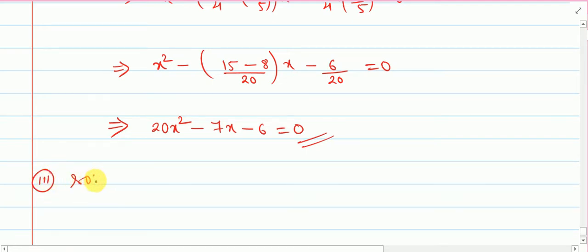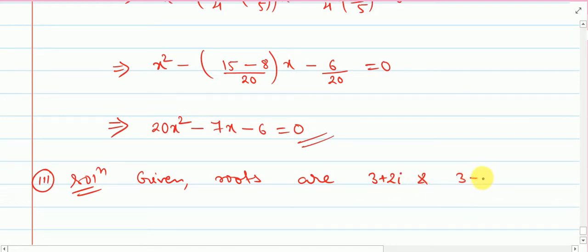So given roots are 3 plus 2i and 3 minus 2i.